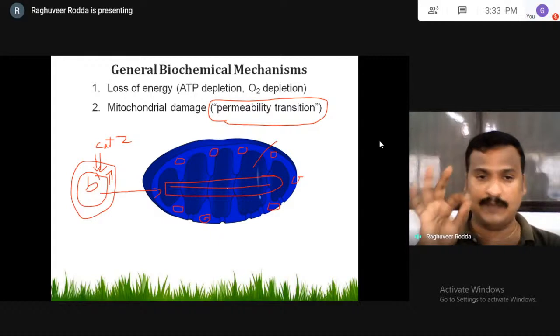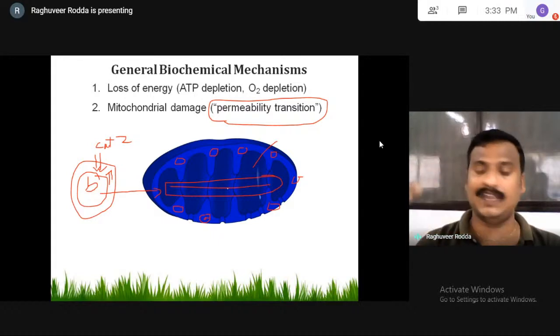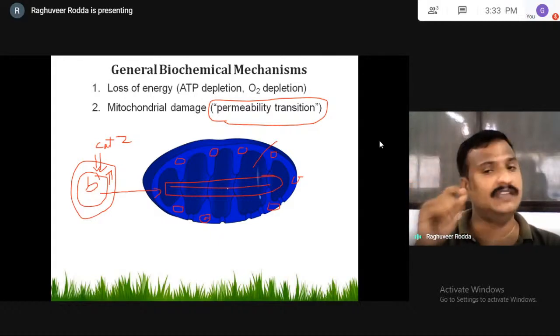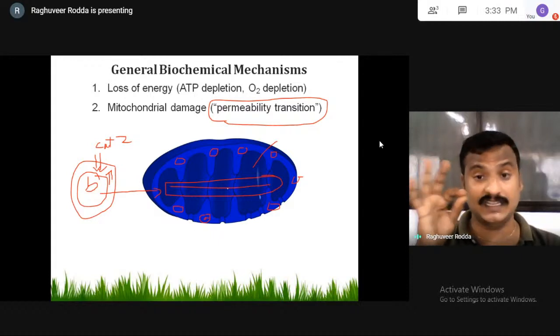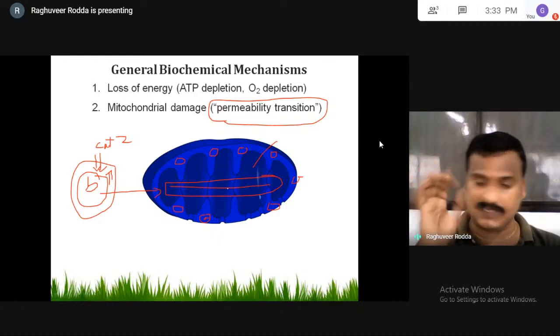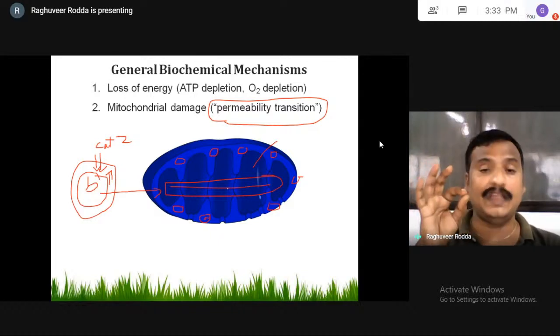So if you observe this type of condition in any cellular examination, it immediately indicates that the cell is under physiological or pathological stress, which is injured.